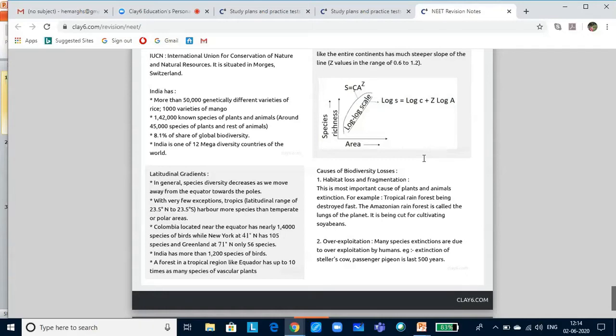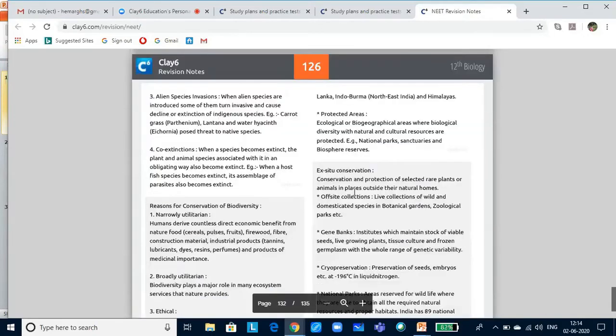For example, Steller's sea cow and passenger pigeon have become extinct due to over-exploitation. Third, alien species invasion. That means when we introduce a new species into a different or newer habitat, it becomes invasive, resulting in the extinction of the ones that are already present.